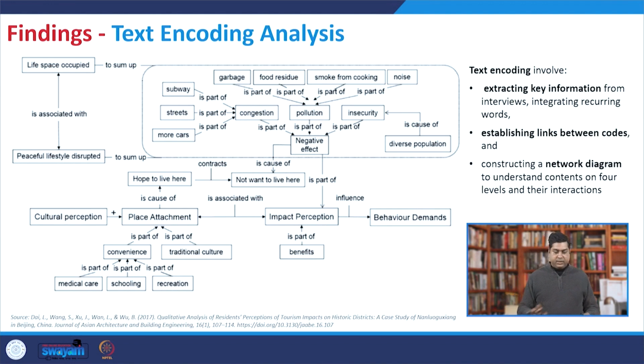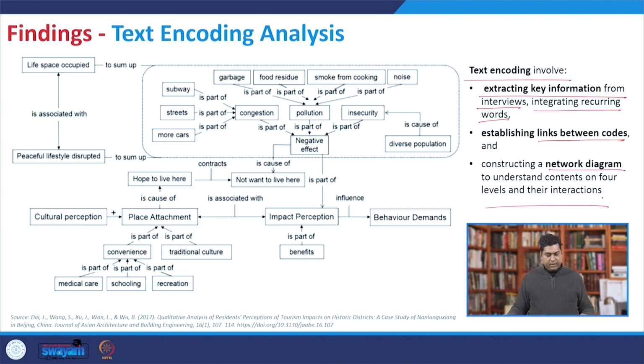This is a very interesting slide where they have adopted text encoding analysis, where all the transcripts were developed from the interview recordings to text. The text encoding involved extracting key information from the interviews, integrating recurring words which frequently come up in the discussion, establishing linkages between the codes, and constructing a network diagram to understand the contents on different levels.